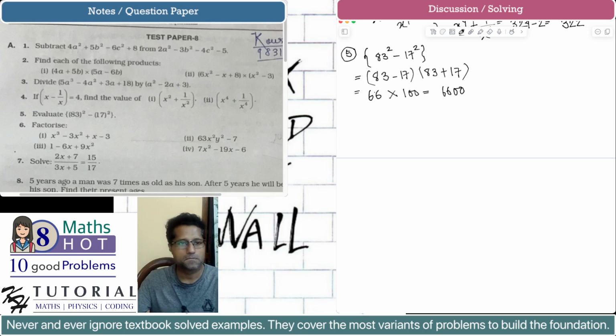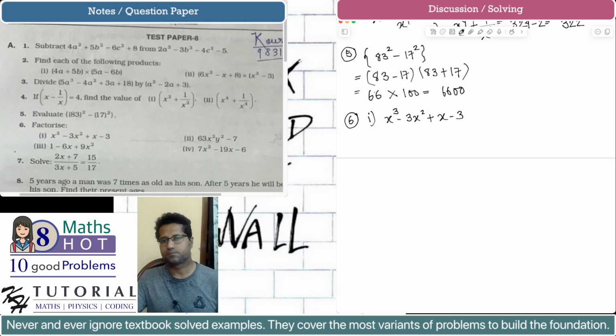Okay, let's do problem number 6. Problem number 6 is about factorization. Part 1: the given polynomial is x cube minus 3x square plus x minus 3.